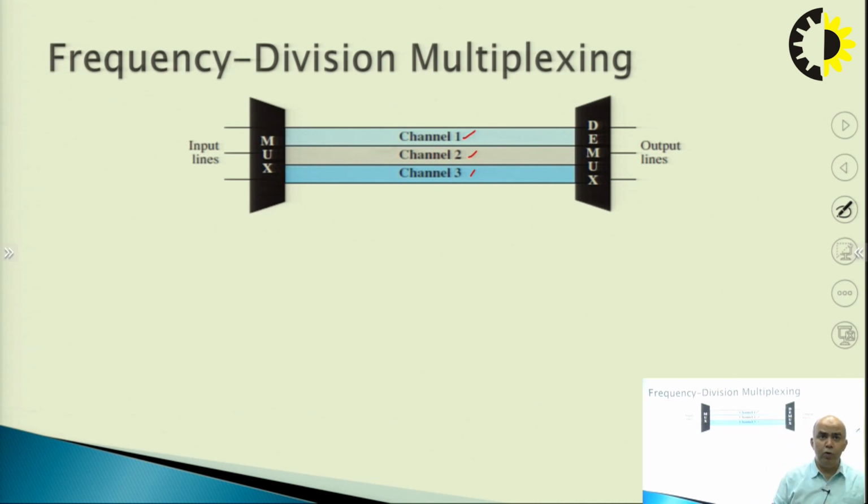So, in order to make sure no overlapping happens, the guard band, a small section of the frequency, separates these channels. It makes sure channel 1 is not overlapping with channel 2, or channel 2 is not overlapping with channel 3, and so on, so that there would be no noise or any distortions.